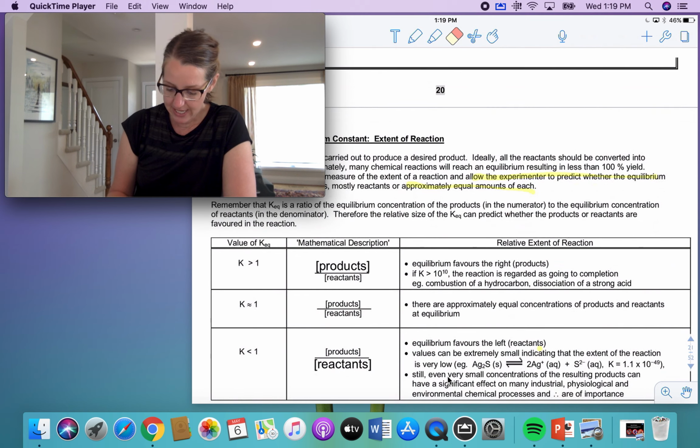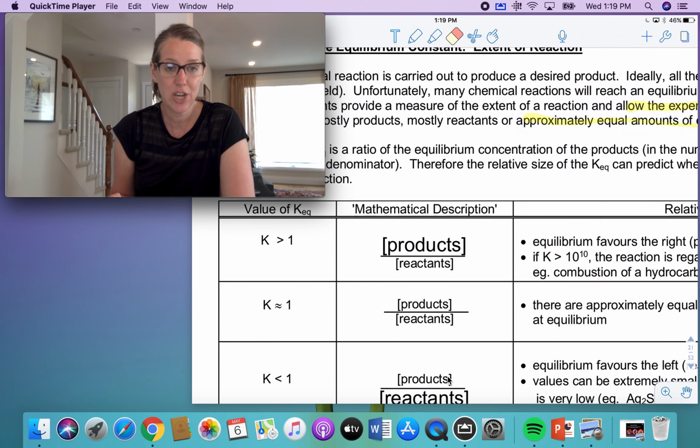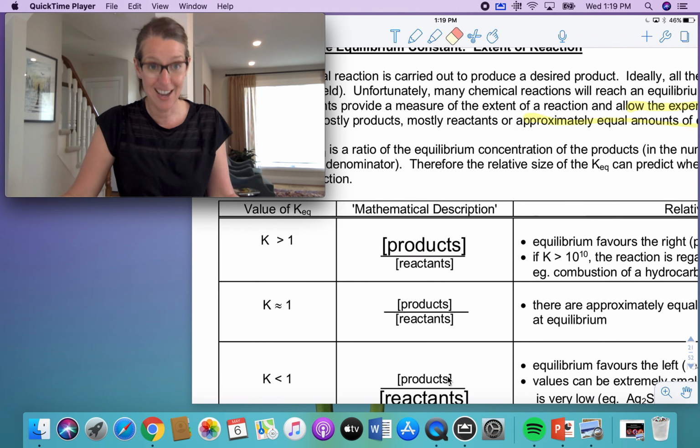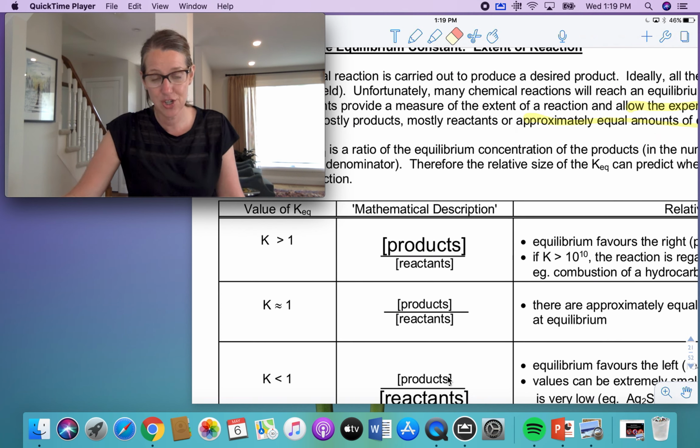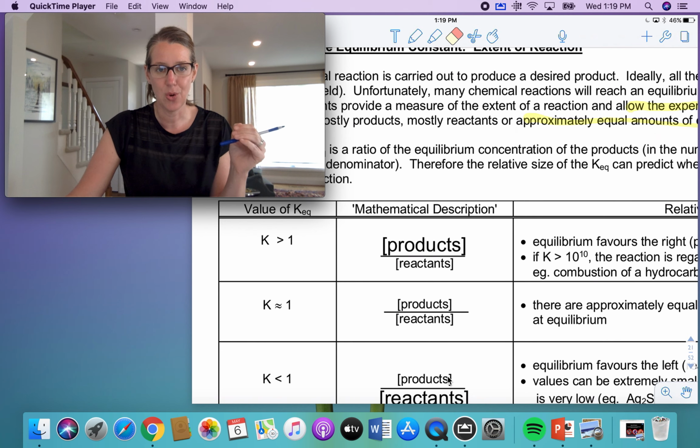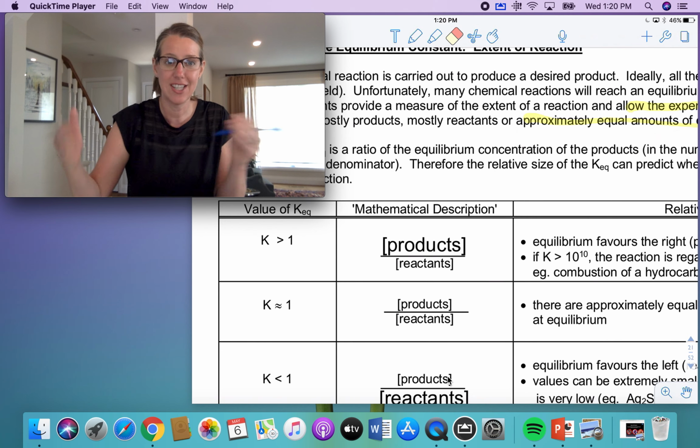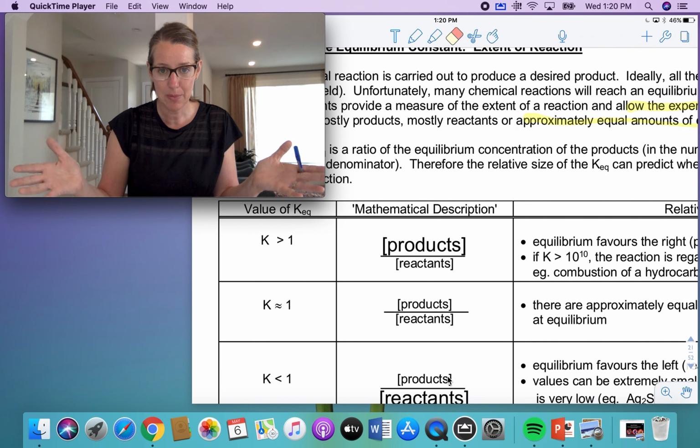So here we go. If you calculate K, you have to have the concentrations at equilibrium to be able to calculate it, so just keep that in mind. It can't be an initial concentration or a final concentration. It's got to be what it is at equilibrium.